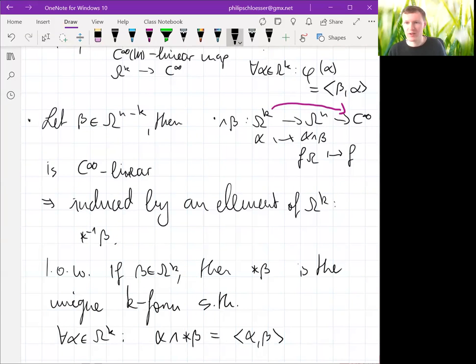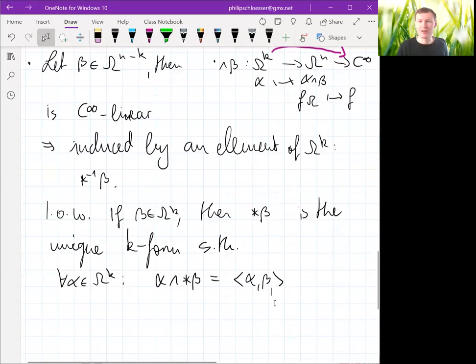And well, this inner product is a scalar function. And here we have a k-form and an n minus k form. So we have an n form, times capital Omega.